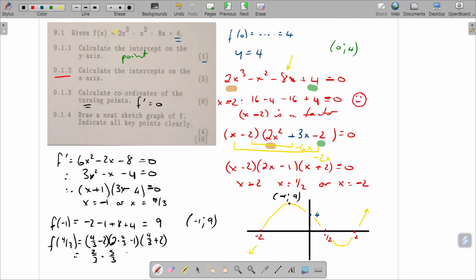And 4/3 plus 2 will be 10/3. And so what I'd have here is 100/27. So 4/3 is paired with 100/27. And again, minus 100/27. There's a minus sign missing here somewhere.